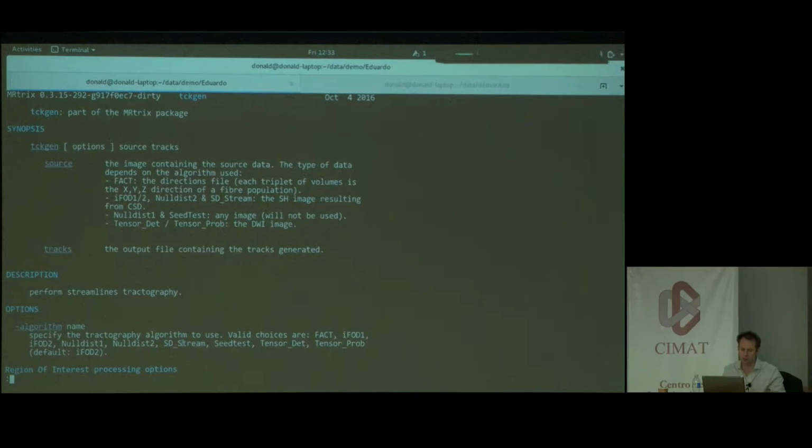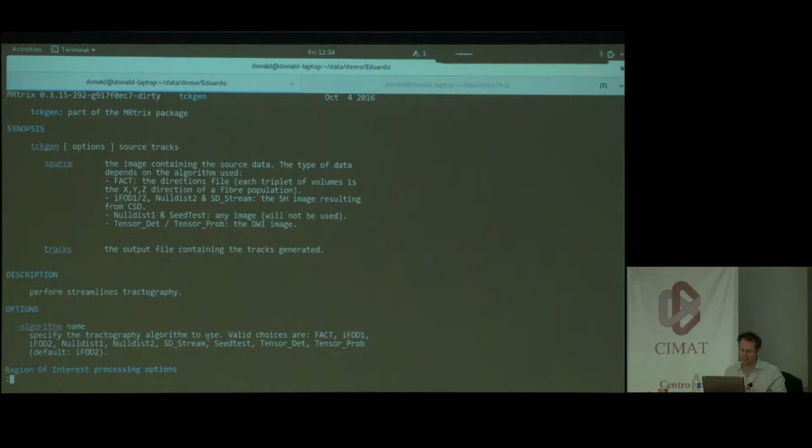I've never used it. I don't know if anybody else has ever used it. SD stream is using deterministic streamlines on the FODs or whatever things you have, as long as they're in spherical harmonics.